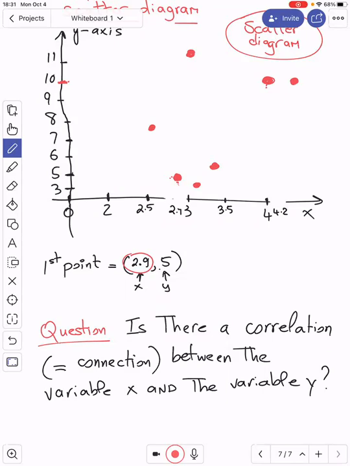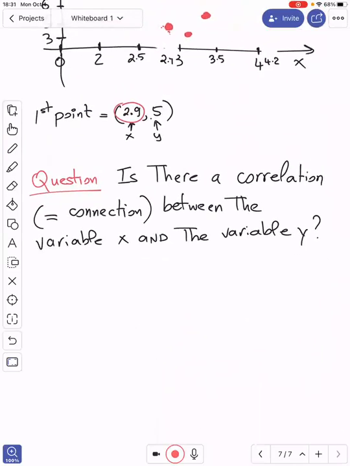The simplest relation we can have is actually called a linear correlation. So a possible correlation is a linear correlation.